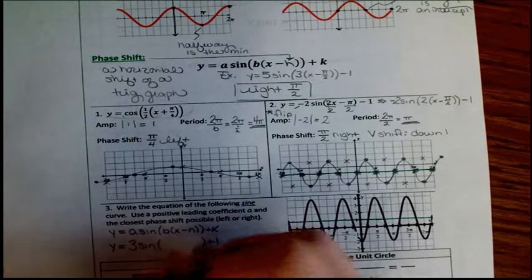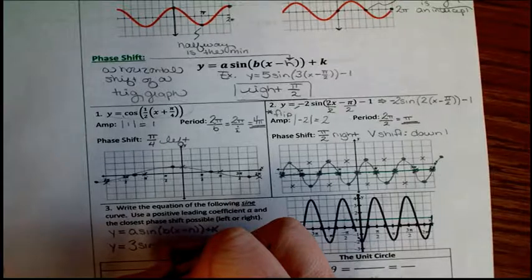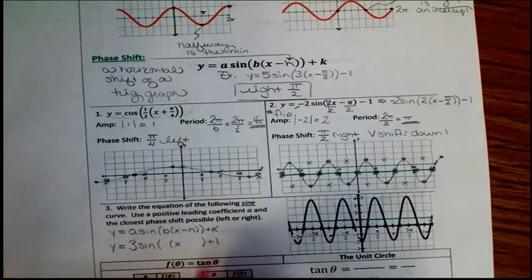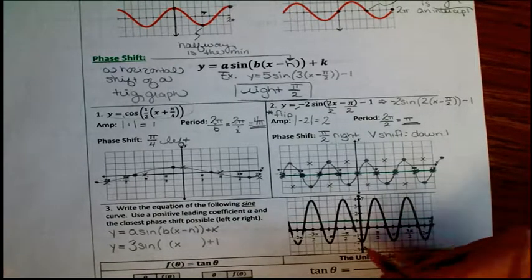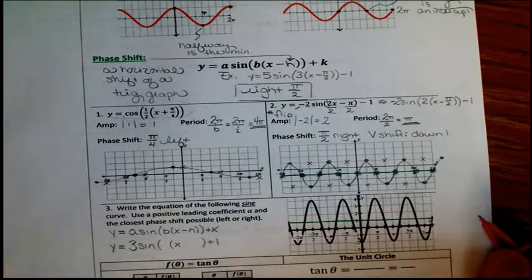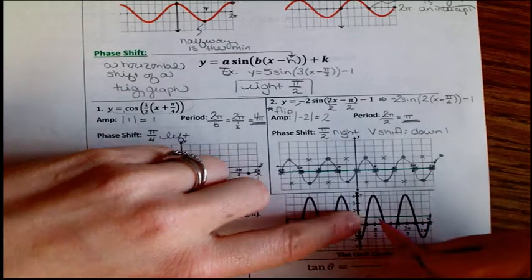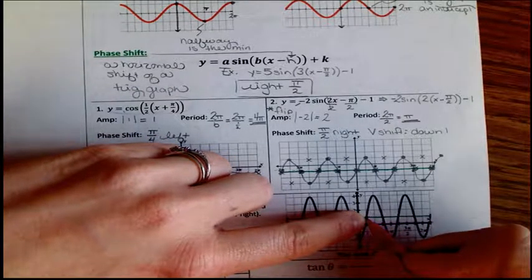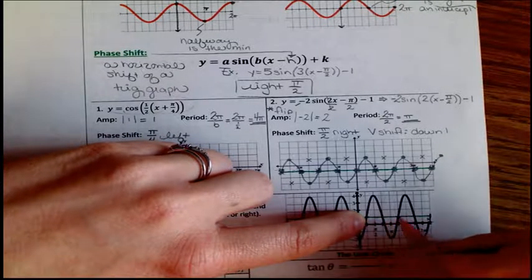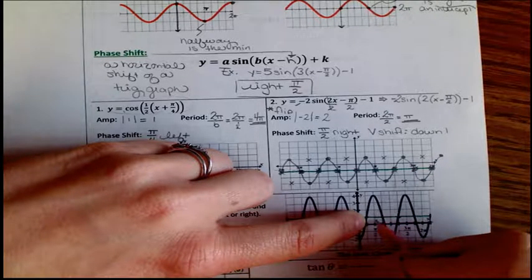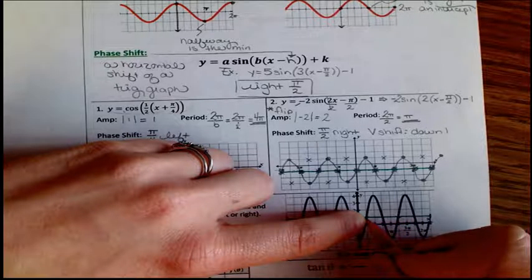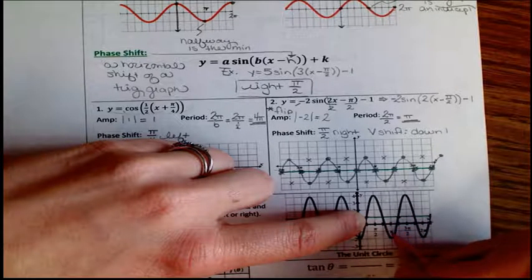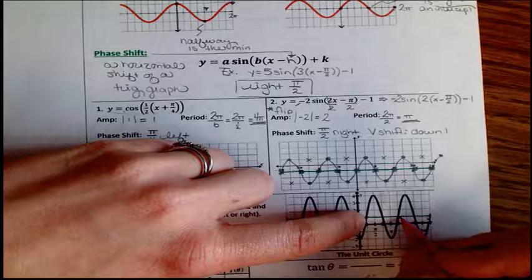Now I'm going to try and find my B value. Okay, so if this is a sine curve, my start of my cycle would be here, and it ends here. So how far is that? Well, I'm starting at pi over 4 and ending at 5 pi over 4.